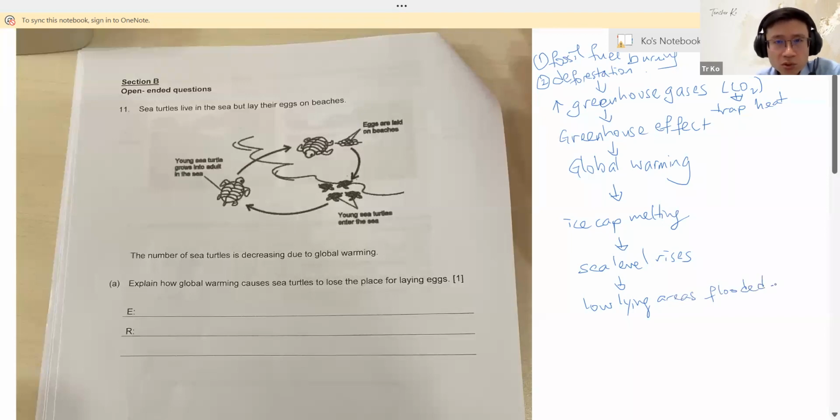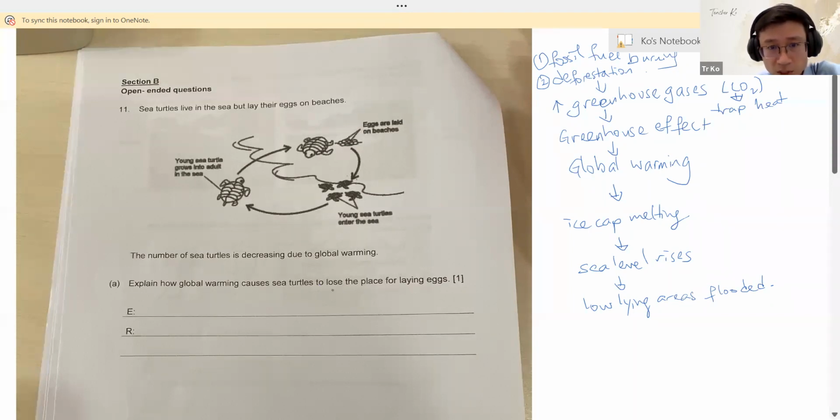So imagine Singapore, where we are doing a lot to try to increase our land height, so that if the sea level rises, we don't get flooded so easily. So in the case of this sea turtle, how does this global warming cause them to lose their place for laying eggs?